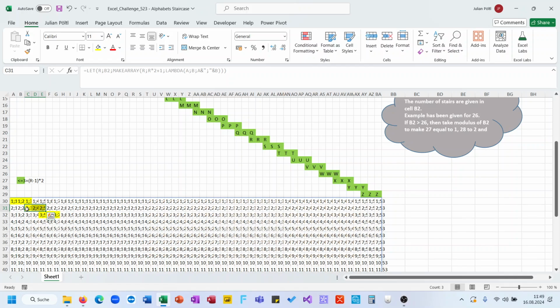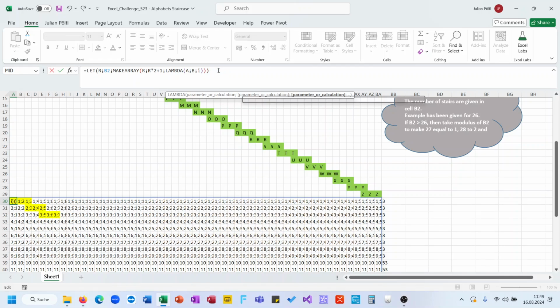Here we have row 1, so 3 is our starting point. Let's use this formula to show this.